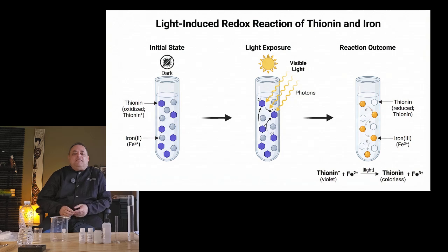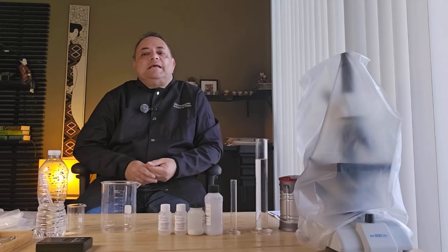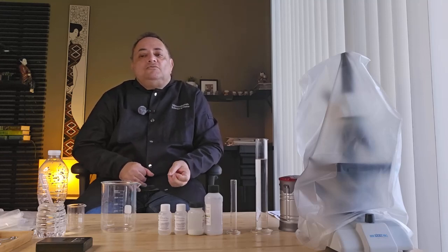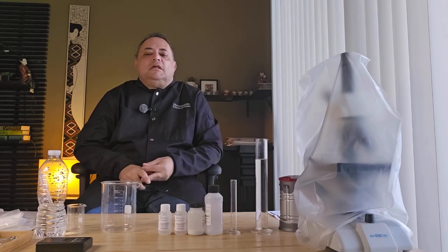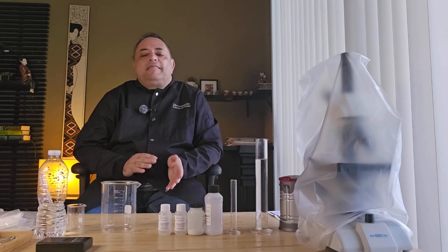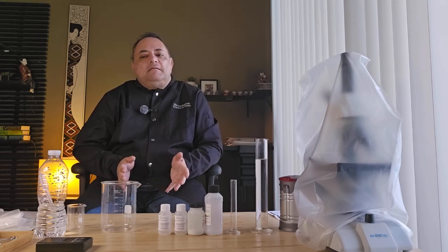In the presence of ferrous iron, the excited thionin molecule accepts an electron from iron 2 through a photo-induced electron transfer process. As a result, iron 2 is oxidized to iron 3, while thionin is reduced to a neutral radical species called leucothionin intermediate.